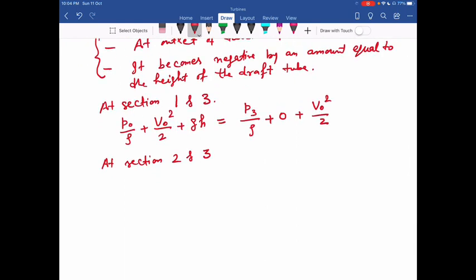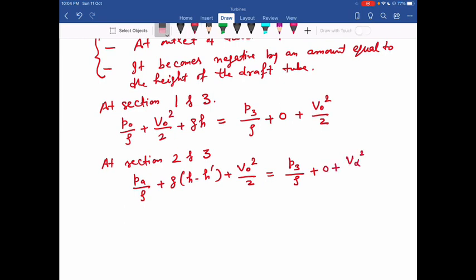So at section 2, the pressure is atmospheric, PA by rho plus GH minus H dash plus VO square divided by 2 equal to P3 by rho plus 0 plus VO square divided by 2.